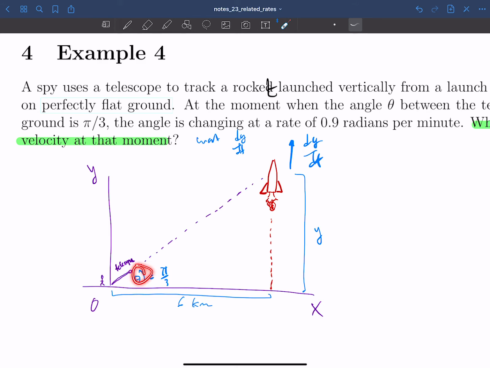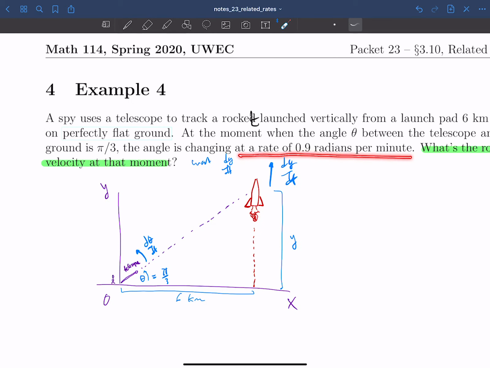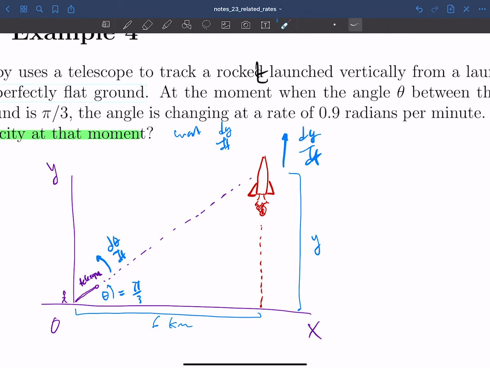I don't think that we've labeled the rate of change of this angle. So I want to draw that and call that d theta dt, the rate of change of how fast the spy has to change the angle of their telescope. And we're told that that angle is changing at a rate of 0.9 radians per minute. So this is equal to 0.9 rad per minute.